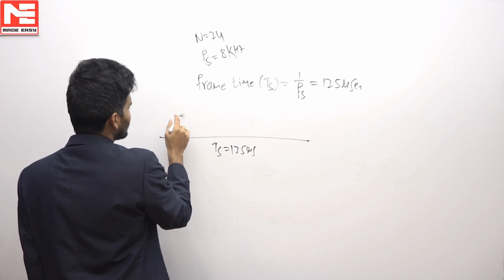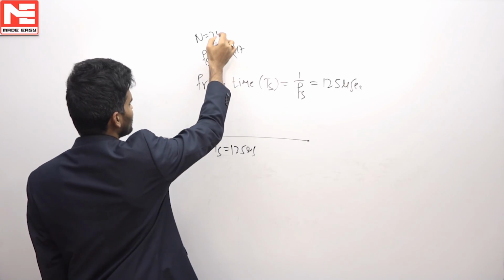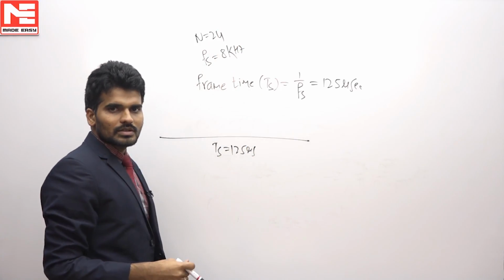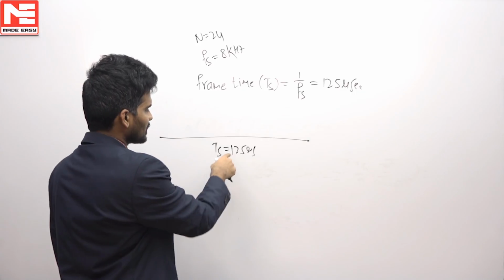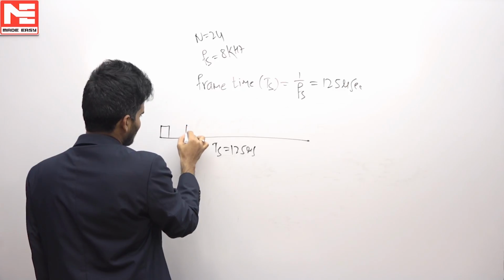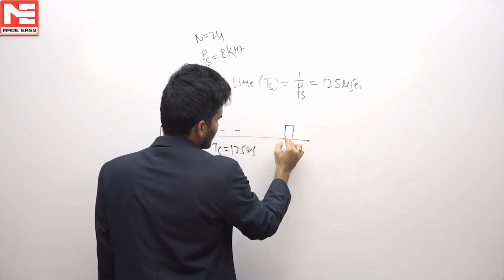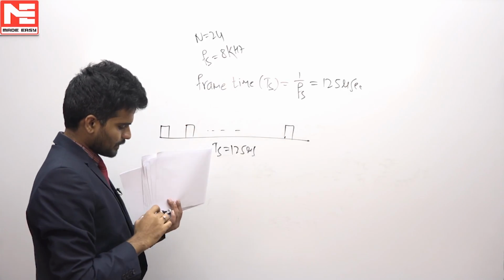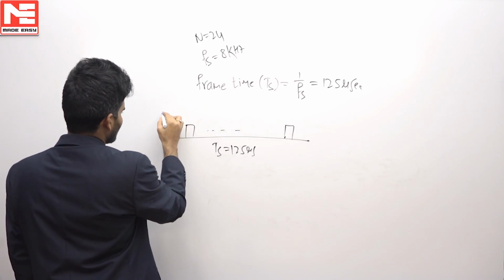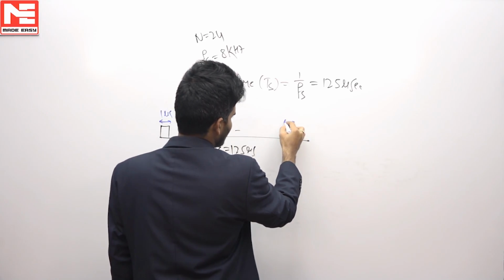Because flat top sampling is used, a sample means a pulse. So, 24 pulses from the 24 signals plus 1 extra pulse: a total of 25 pulses will be present in every frame Ts. Each pulse duration is given as 1 microsecond.